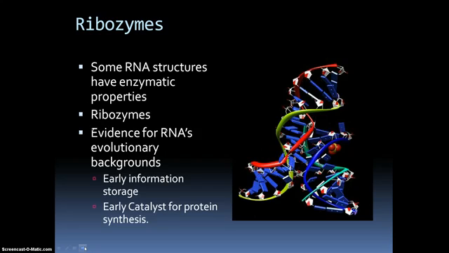When DNA, which is more stable and hence better for passing your information on from generation to generation, became more common, RNA took on a catalyst nature. We actually think that's part of the role it plays as rRNA inside your ribosomes. All right? And ribozymes, which still exist in certain organisms in certain places, are evidence for the evolutionary relationship between RNA and DNA.